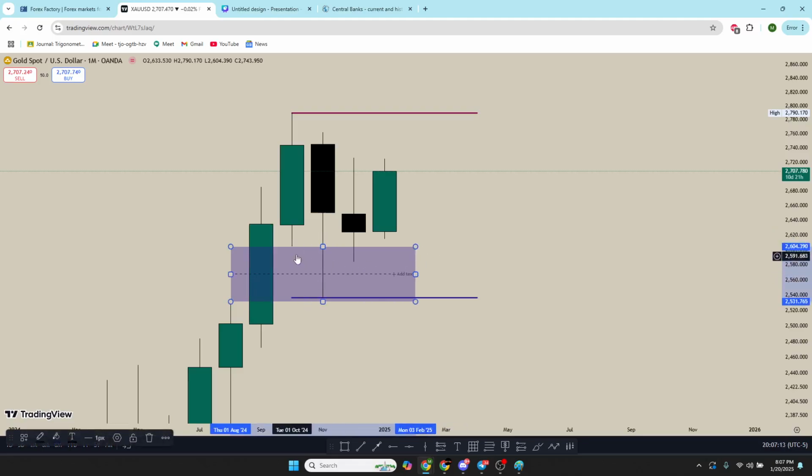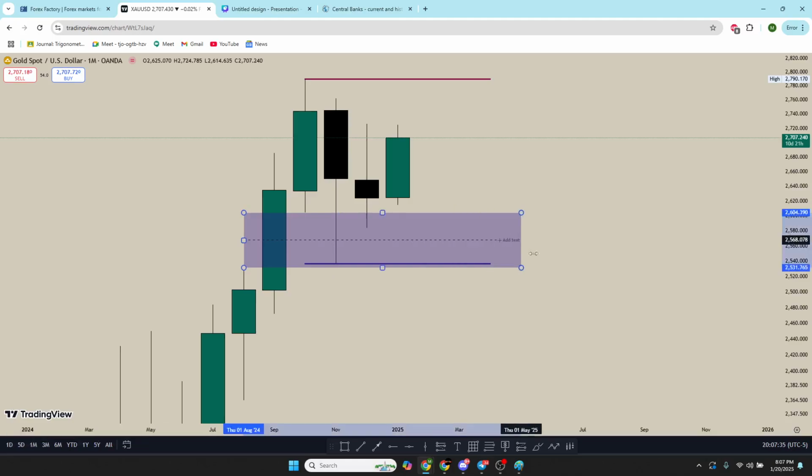But as I can see, price is staying above this fair value gap with its bodies. So that's already giving me a sign that gold still wants to go bullish. If we were bearish, we would be trading deeper into the fair value gap and closing in the fair value gap and then potentially using it as an inversion, right?